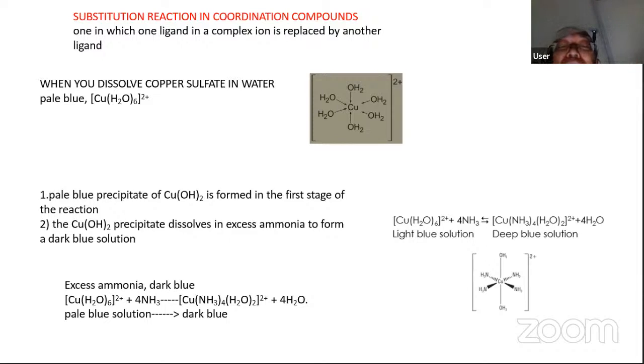So what happened during Werner's time? You react this hexa aqua copper. Knowing the hexa aqua water, at that time, is a big achievement. It's a success. You get S3 for it, right? So now, what happened when you react this hexa aqua with ammonia? It depends how you do it. If you put a lot of ammonia, you will see dark blue formation.